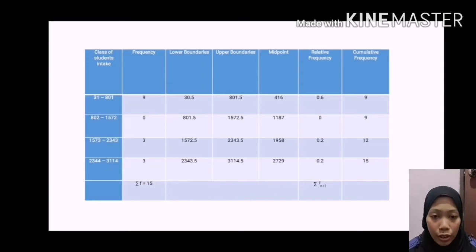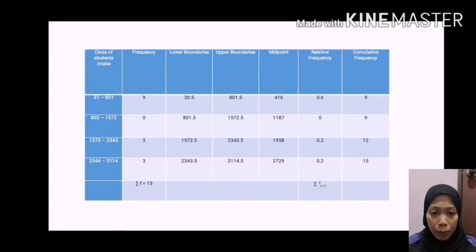After we got it, now we need to calculate the midpoint, relative frequency, and cumulative frequency. To calculate midpoint, I use the formula of midpoint, that is lower class limit minus upper class limit divided by 2.